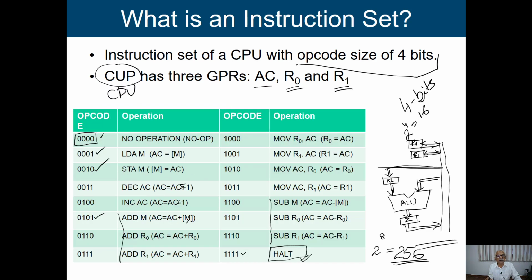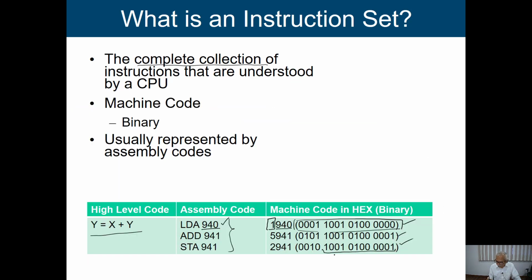So in the first case, I have shown you a very simplistic way that we can design an instruction if we use 4 bits for the opcode, where we have the provision to access the memory also. To give the address of memory we need more bits. That's why in this instruction format we have 12 bits to provide the address, and 4 bits to give the operation code.